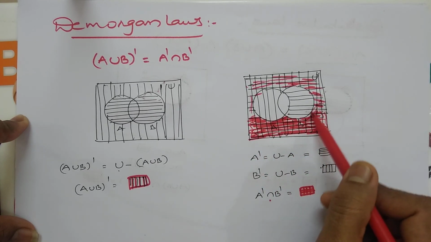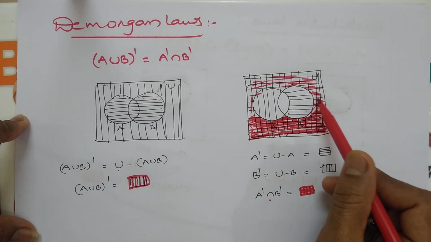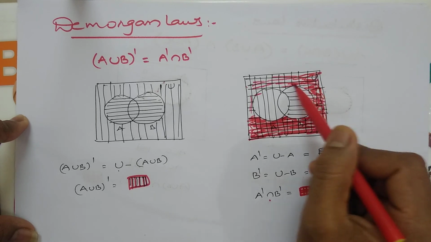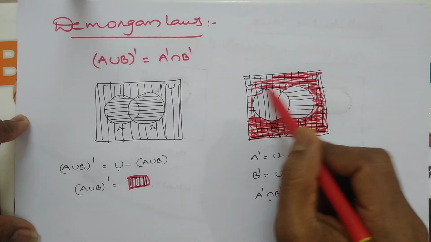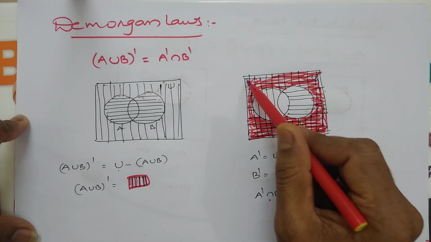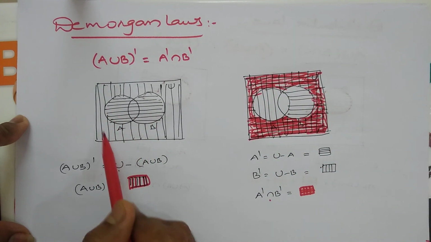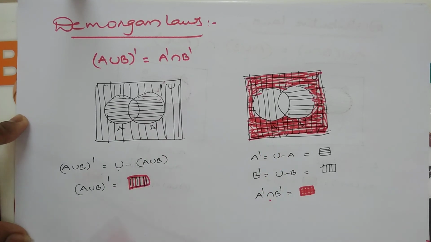I am showing it for understanding purposes. Again I am showing this one, which is the double shaded region. Now see, the double shaded region and the outside vertical part are both the same. So this is how we have to simplify the De Morgan laws.